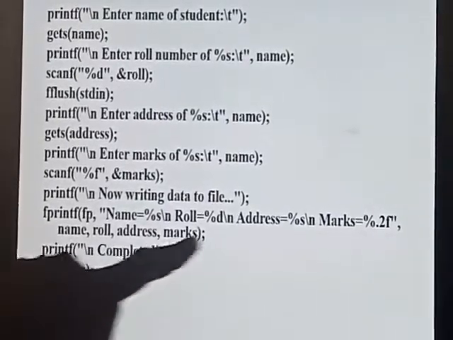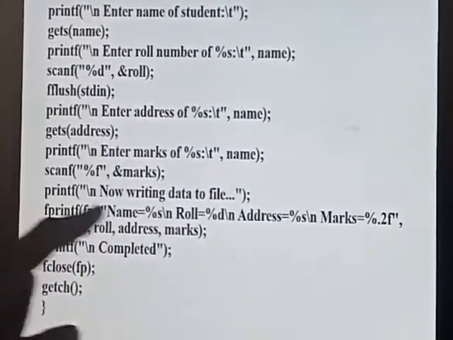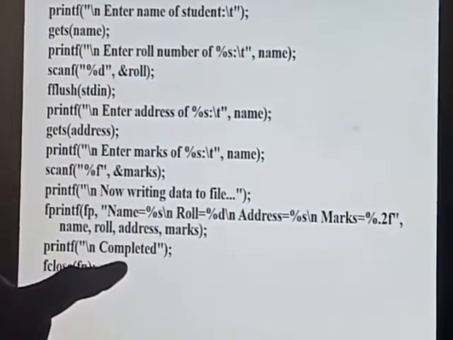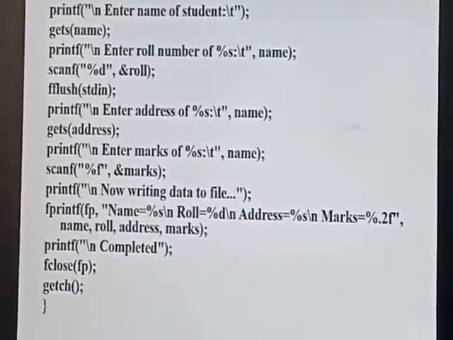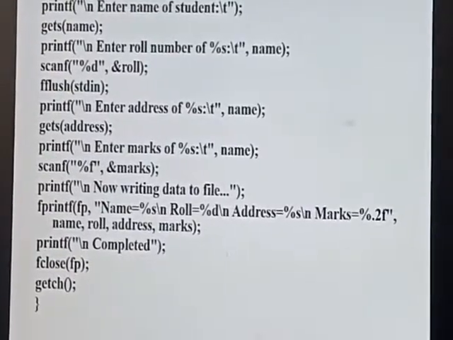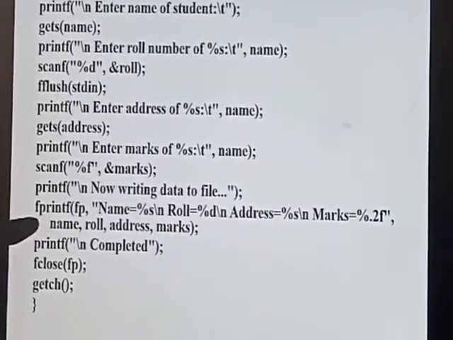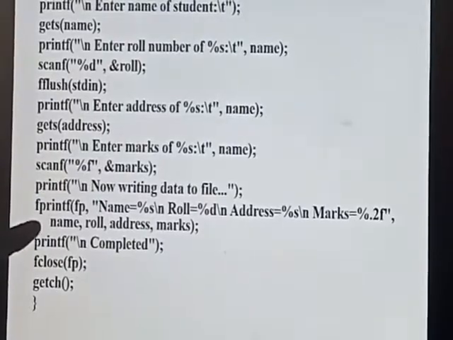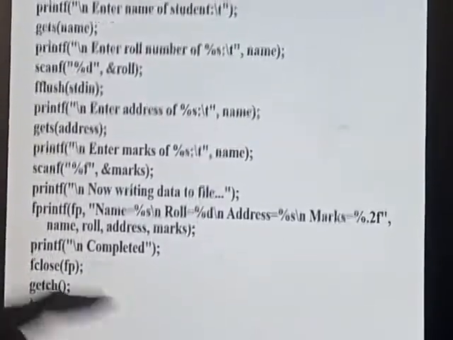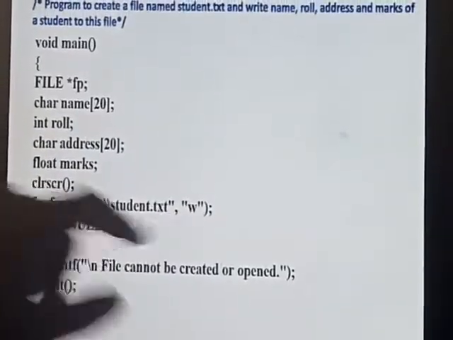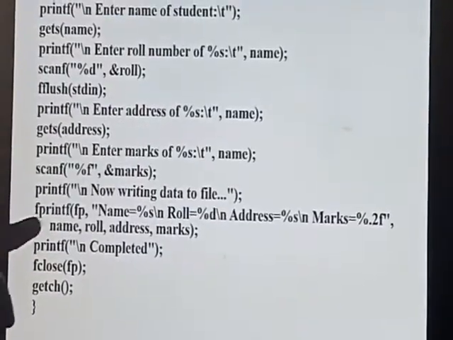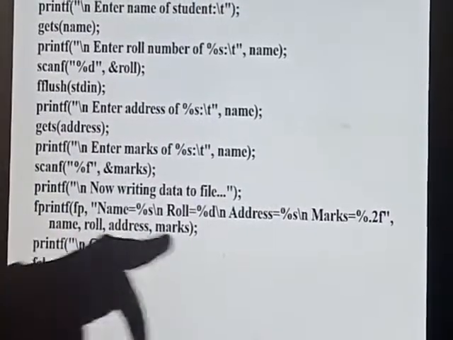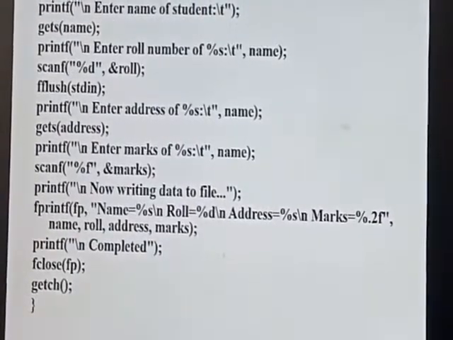Accordingly I have mentioned the variable names, and after writing a record, your compiler will display the "completed" statement as per the printf instruction. Similarly you can make the same arrangement with fscanf: here it is write mode, so you have to open another file in read mode, use fscanf, and read and print those data.